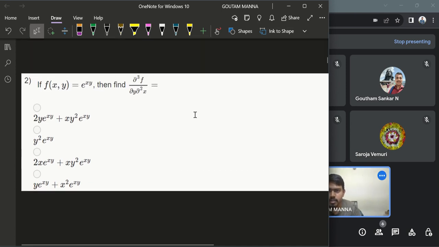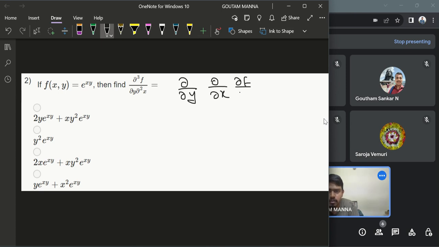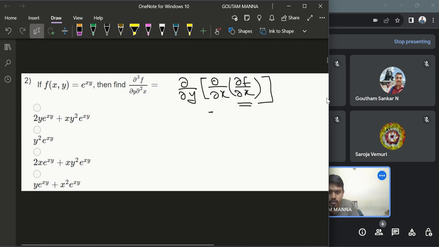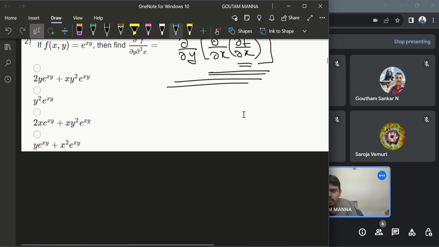So which is basically del y of del x of del f del x. So first we need to calculate del f del x, then we need to calculate del x of that, and then we need to calculate del y of that. So it's again very straightforward.